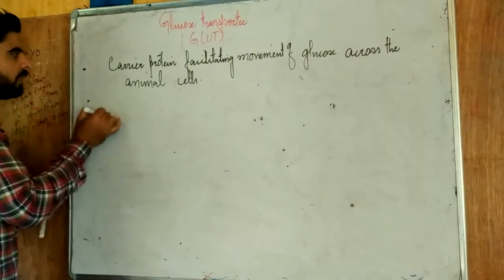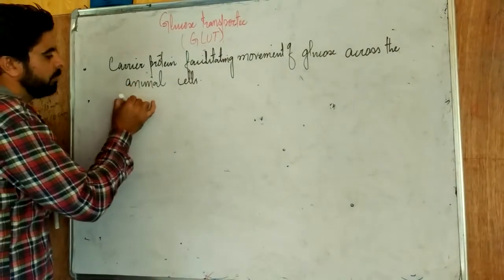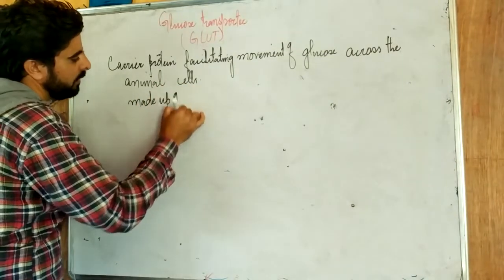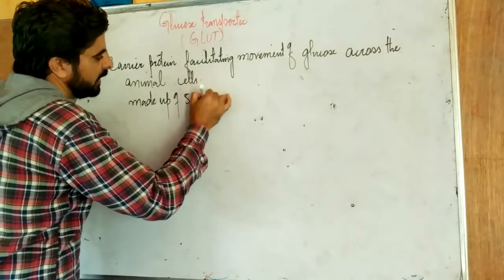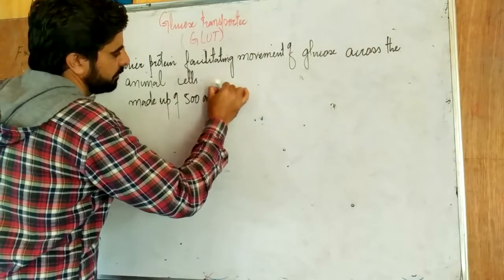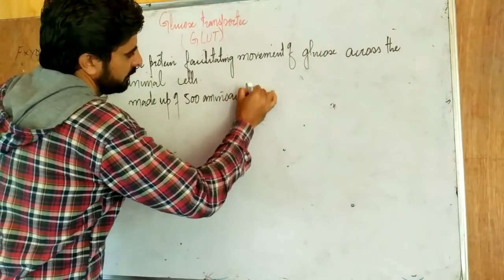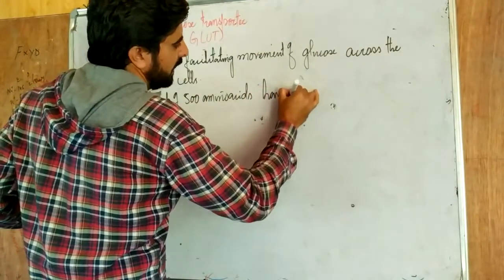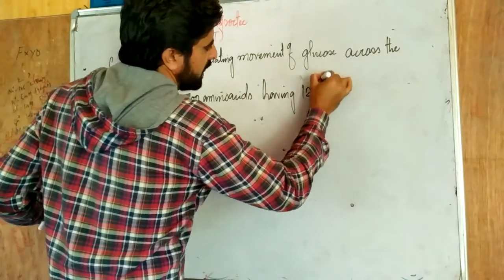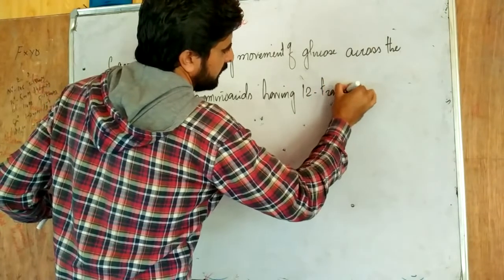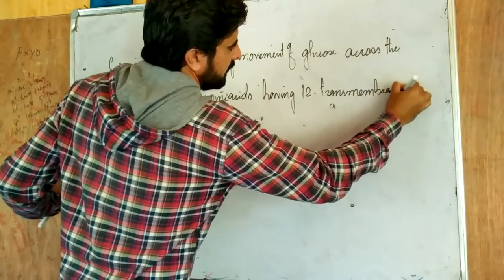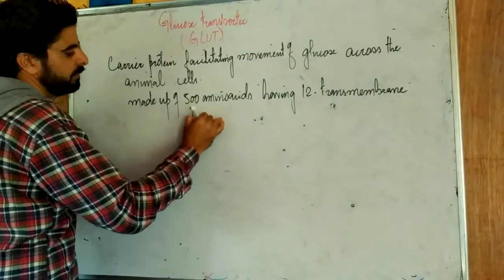The second most important thing is that this GLUT is made up of 500 amino acids having 12 transmembrane helical domains.